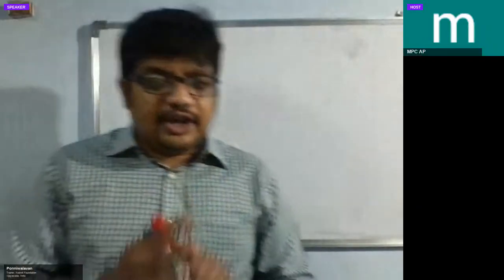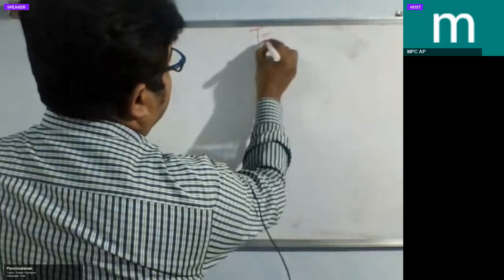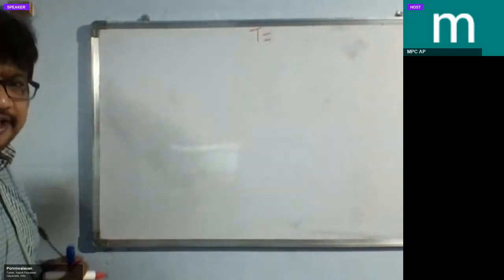Now we are going to find the time taken by the train to cross these objects. What is the general formula to find time taken?